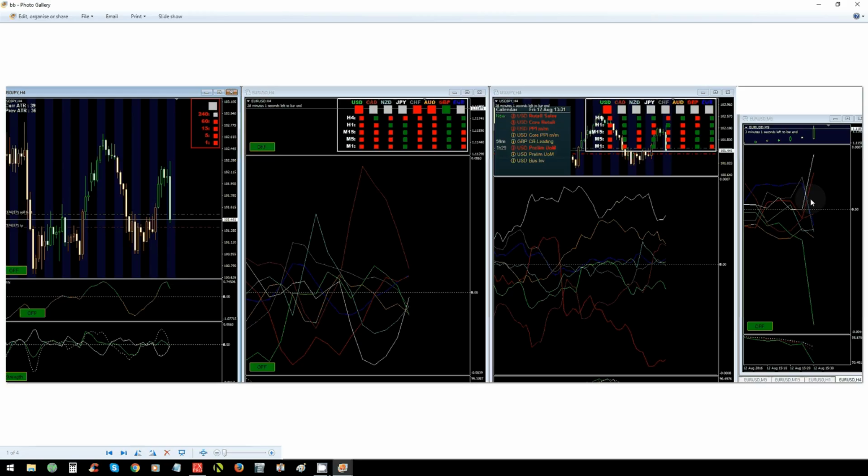And we've got two currencies on the other side of that zero line heading in the opposite direction. We've got the yen and we've got sterling. Now if we go across to these charts here, mainly this one, the strongest currency is the yen and it's pointing up. The other currency is the weak one, the sterling, so I don't really want to touch that one. So out of those two, I want to pick the yen.